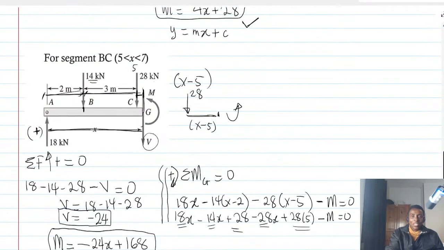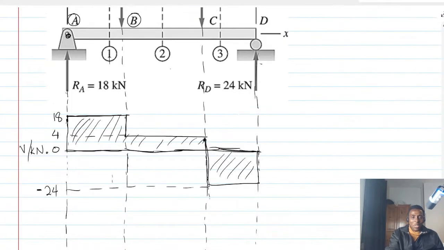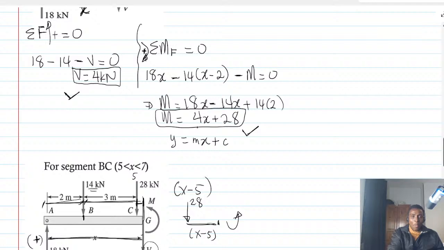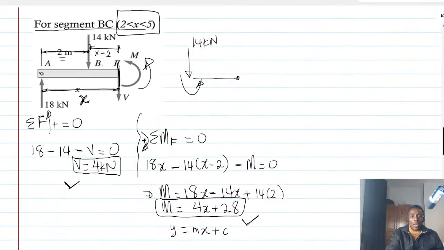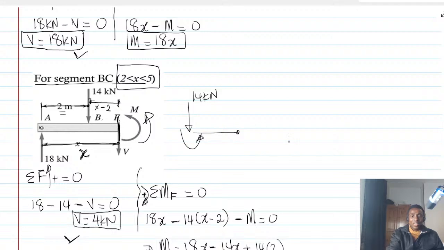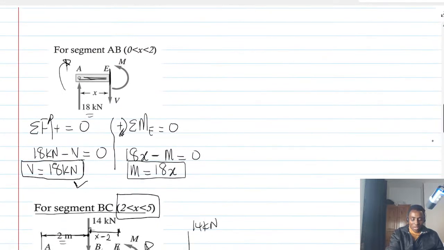To draw this, technically it means that our moment is a straight line which is moving from 0 to 2. All right, don't forget that the first section, oh sorry, the first section is 18x. Oh, my bad.